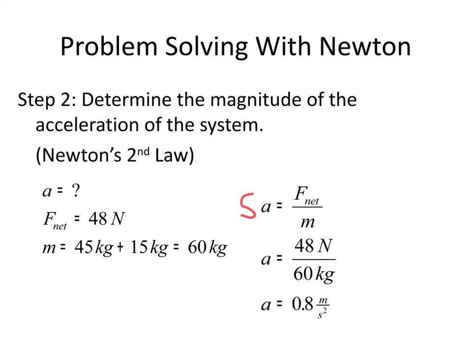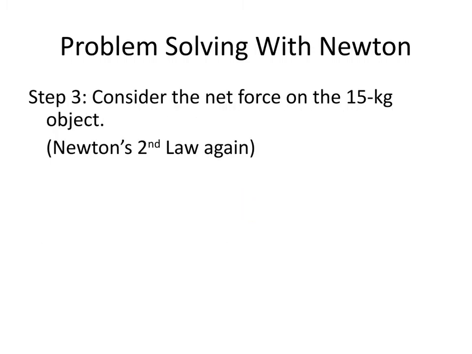So there are no other forces in the horizontal direction. Notice that we've used the entire mass because both boxes are accelerating together as one large mass. And we get a magnitude of 0.8 meters per second squared for the acceleration of the entire system.